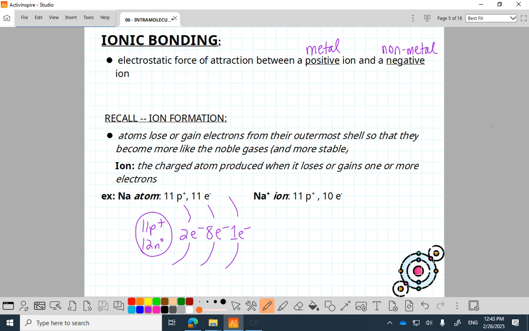If it loses an electron, then it's sodium plus 1. So when you do ionic compounds, when we draw the Lewis structures and when we write their names, it will follow the rules.